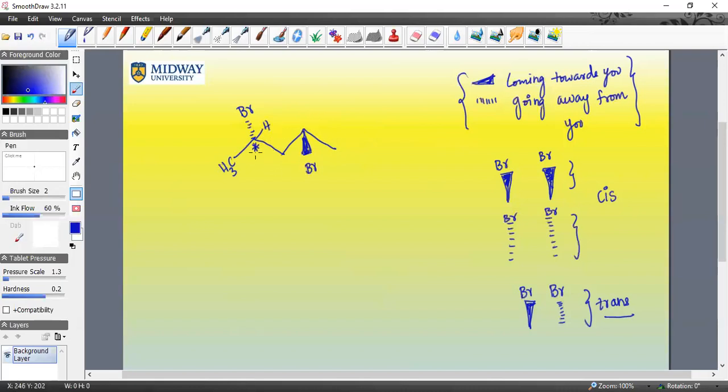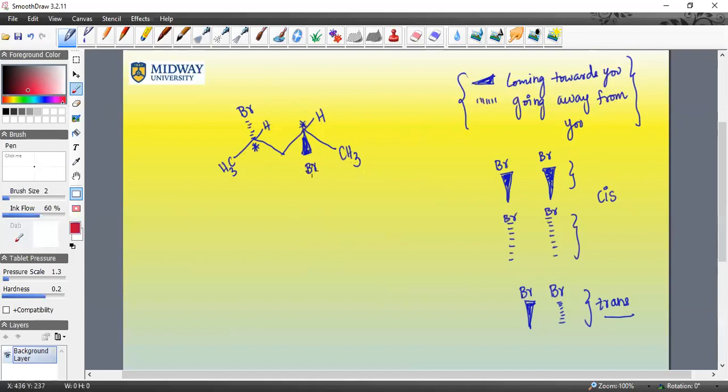So this is chiral, and so is this, because this contains a methyl, a Br, a hydrogen, and this whole group on the side. So this molecule contains 2 chiral carbons.